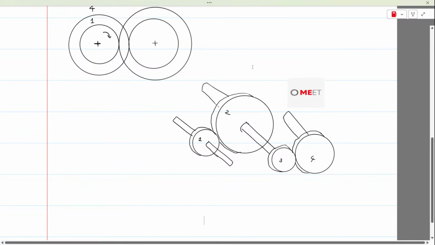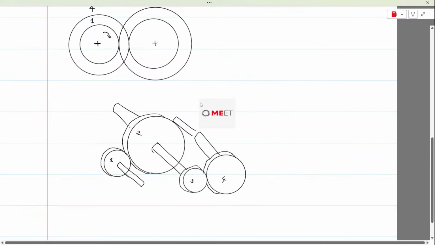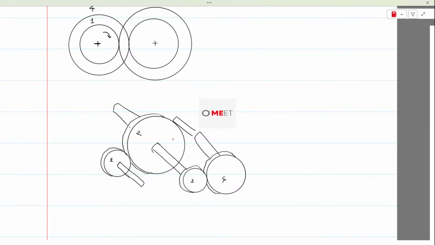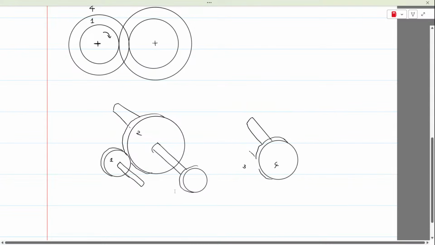So what we do is, gear 4 will be disengaged from here, and this was the shaft of gear 1.